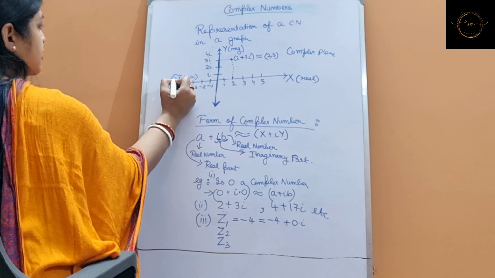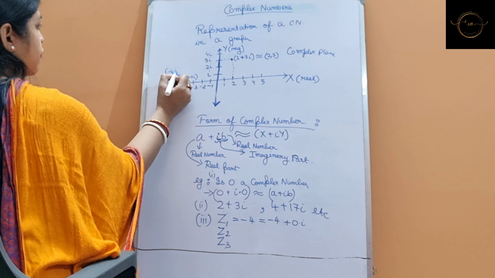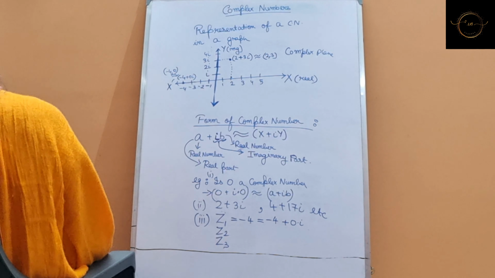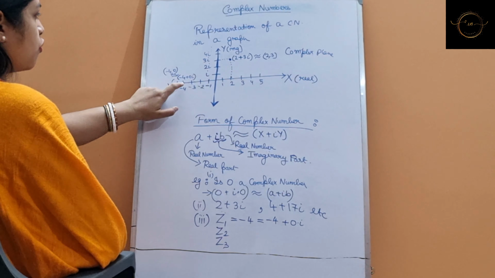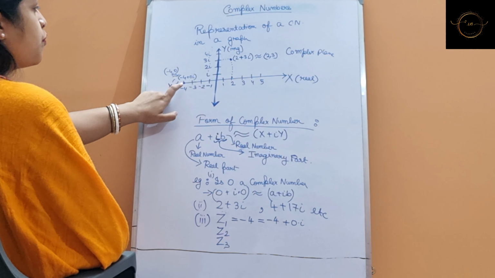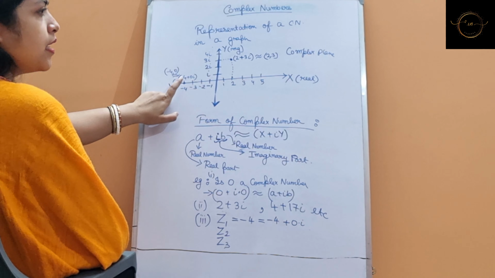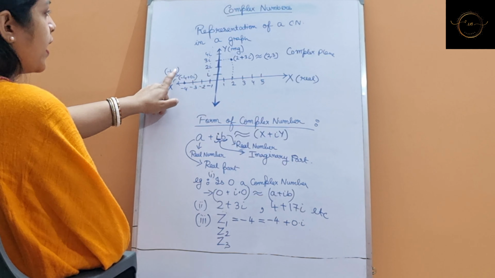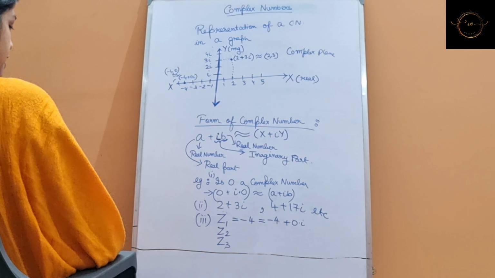And the point in this case will be (-4, 0). And we know that (-4, 0) means the point is actually lying on the x-axis. That's why the y part is 0 in this case.